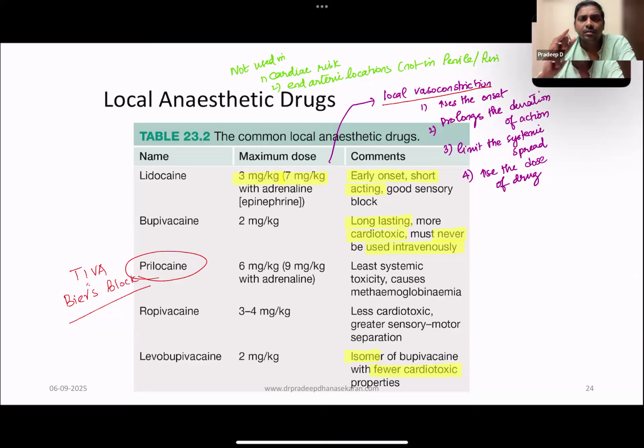It speeds up the onset, prolongs the duration of action, because with local vasoconstriction the drug escape rate is very less, and it limits the systemic spread, so more dosage can be given. So with adrenaline, you can give lignocaine up to 7 mg per kilogram, that is twice the dose you give without adrenaline.